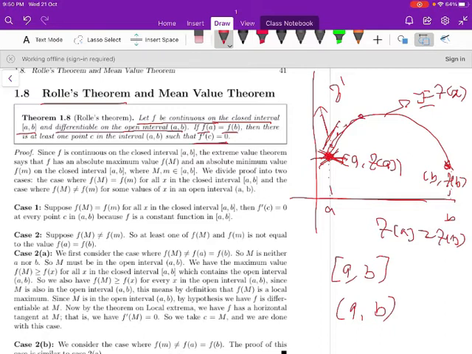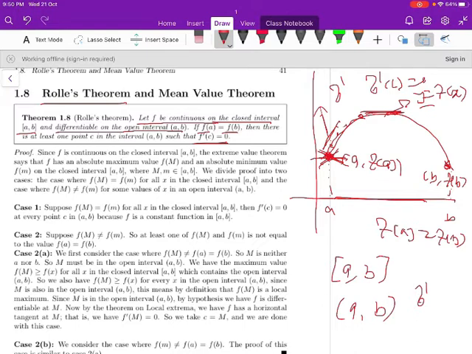It means f' gives a tangent; the derivative is a tangent. We can draw that tangent geometrically. The tangent is always parallel to the x-axis. It means f'(c) is equal to 0, where c always lies in the open interval (a, b).